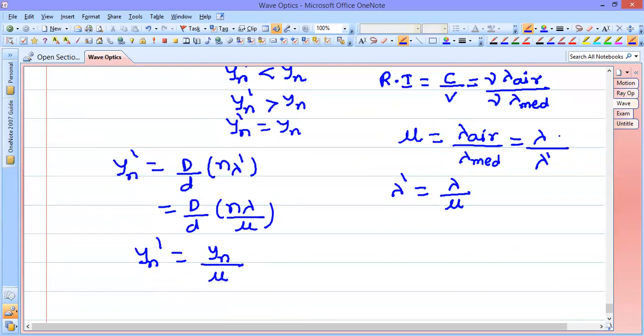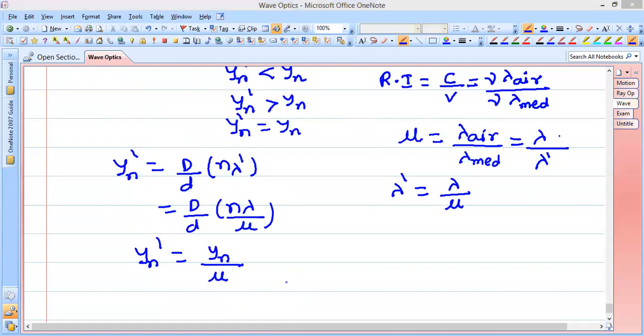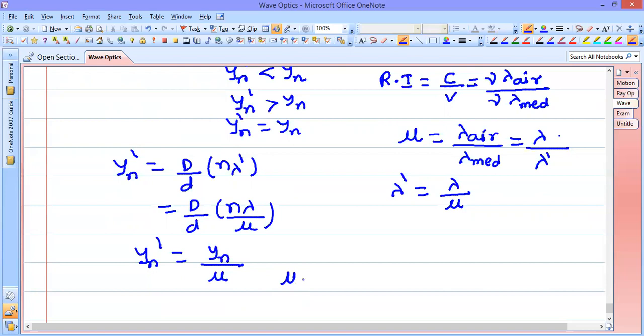Now from this, since mu will always be greater than 1, a medium always has mu greater than 1.